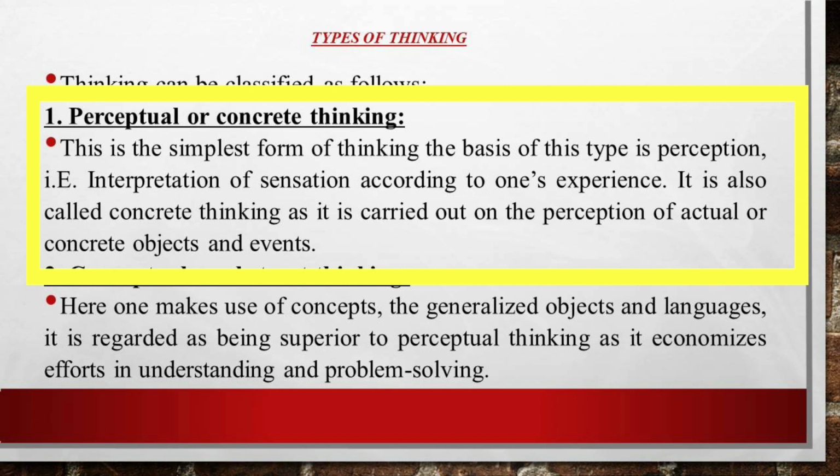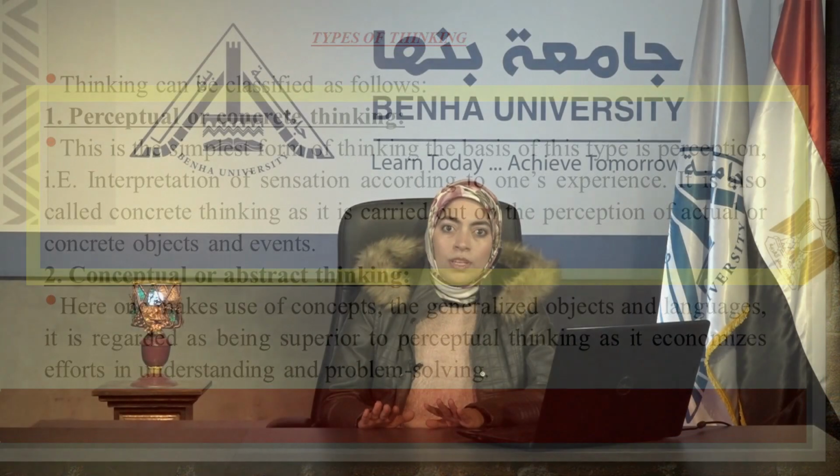Now we recognize the first type of thinking, perceptual and concrete thinking. It is the simplest form of thinking. The base of this type of thinking is perception, that is, meaning interpretation of sensation according to one's experiences.